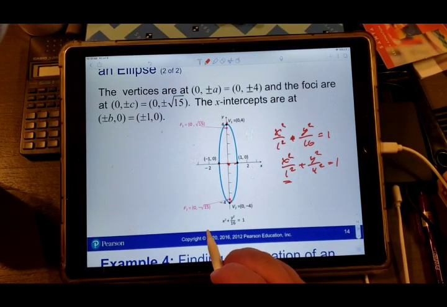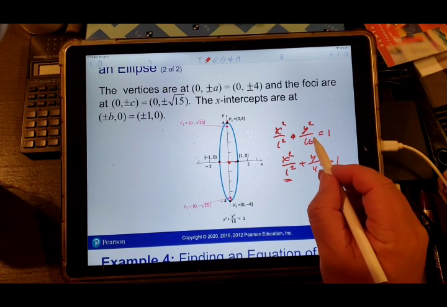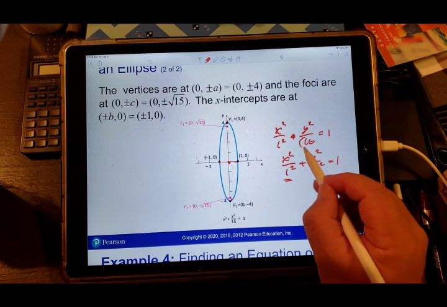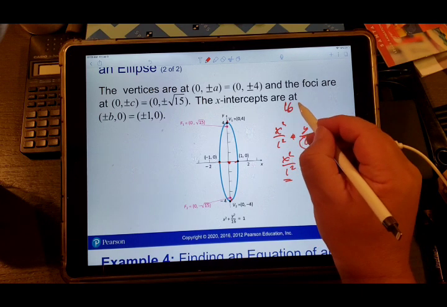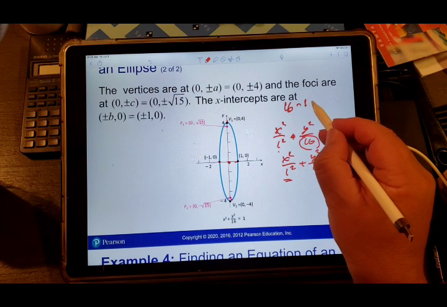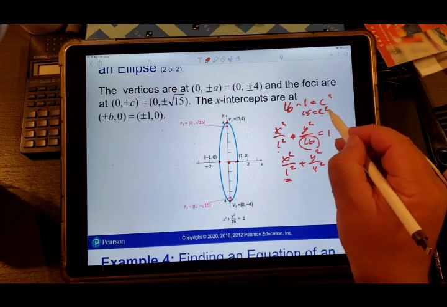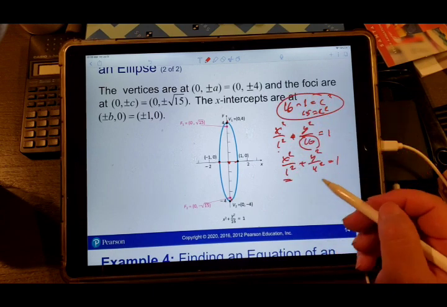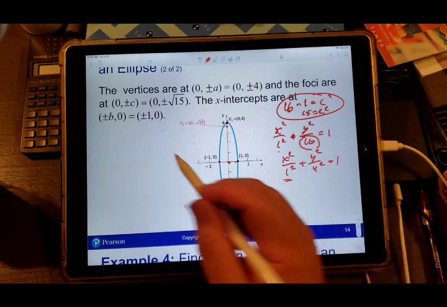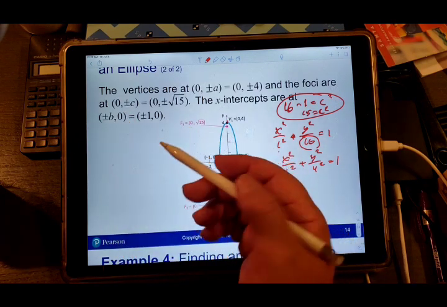And where are the foci? Well, this is correct. If I take the larger of these, 16, minus the smaller one, 1, that's equal to c squared. So 15 equals c squared. And so we can think of c as equaling the square root of 15.